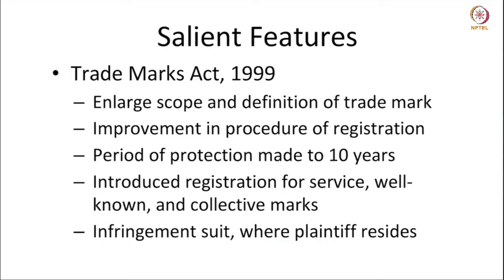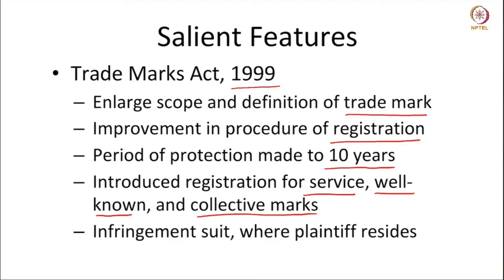The 1999 Act has certain features which were not there in the 1958 Act. It enlarged the scope and definition of trademark. It improved the process of registration. The period of protection was enhanced from 7 to 10 years. Now you had to renew a trademark every 10 years. Earlier it was 7 years. It introduced registration for service, well-known marks and collective marks.